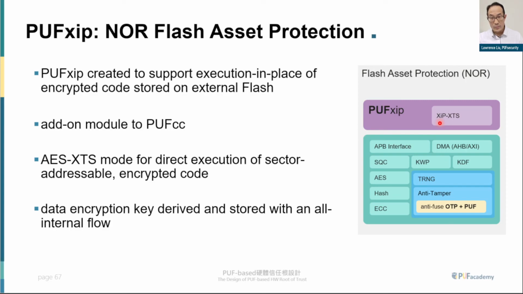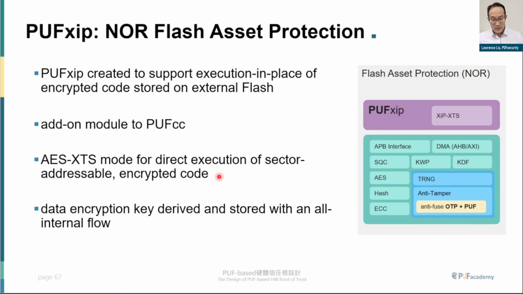Then we get to PUFxip, which is for NOR flash asset protection, XIP standing for execute in place. And this adds an XTS cipher engine, which is well suited for protecting sector addressable data. A fast XTS engine paired with a fast NOR flash allows for direct execution of encrypted code.